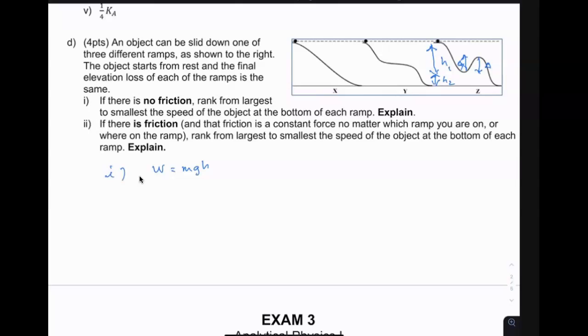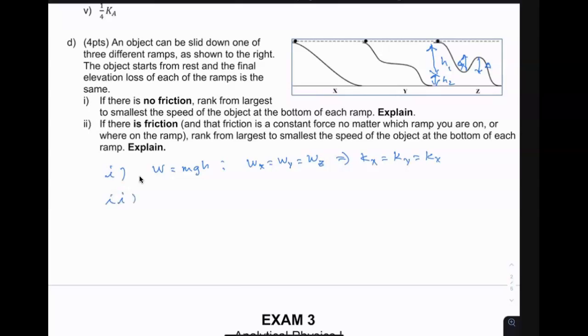So the work done in each case is the same, which means that the kinetic energy is the same for each case.